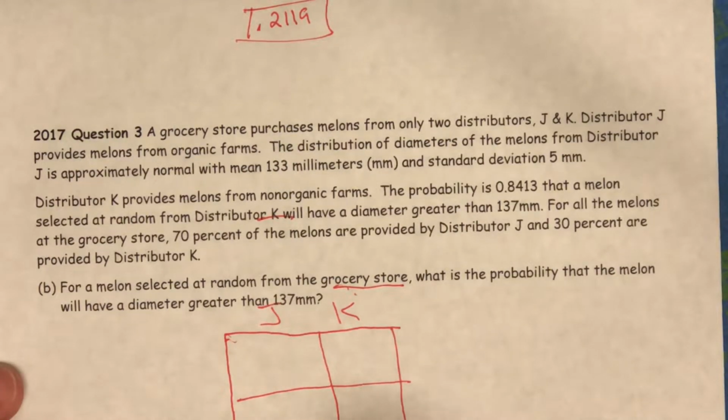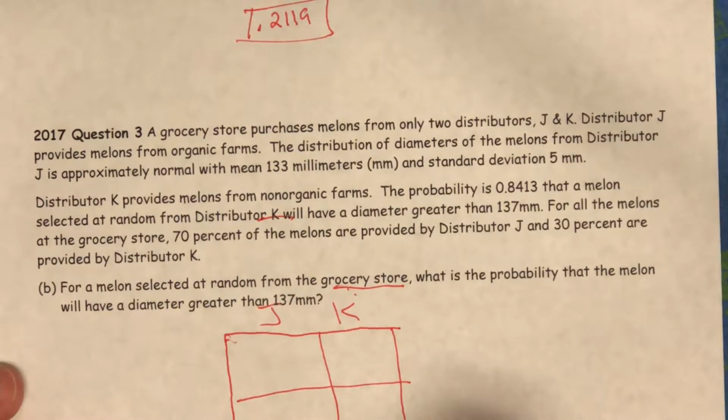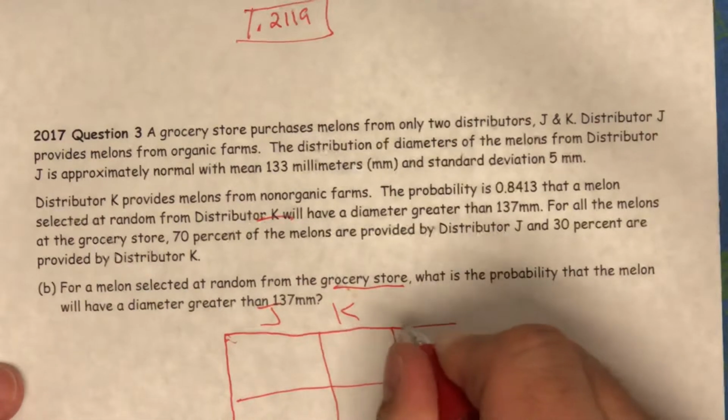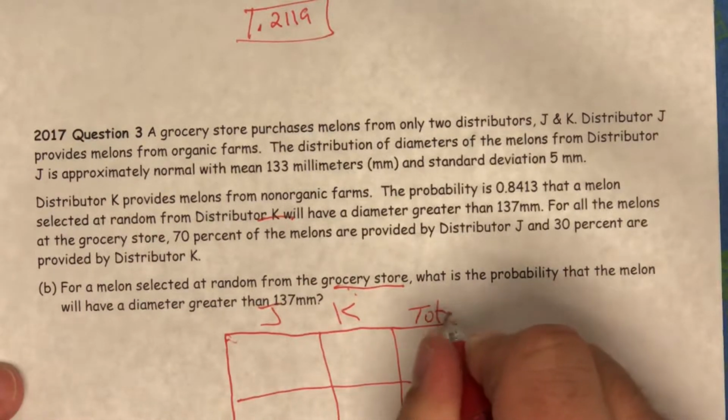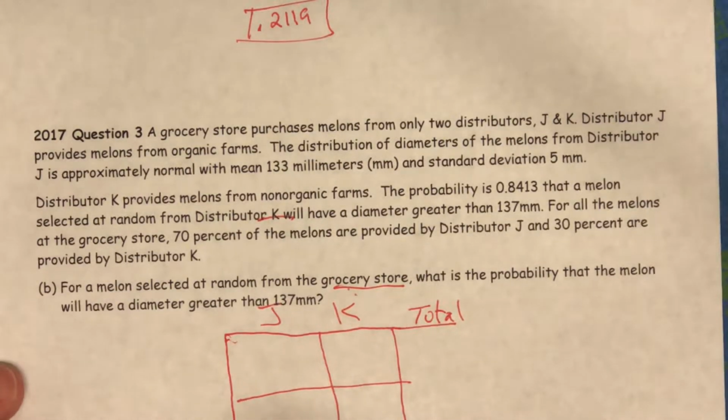Well, there's no condition on that. It's not related to two variables, so I can write that down just the way it is. Well, if that's 70%, then this is 30%. Obviously, it sums to 1. Now, this is a bit picky, but AP really wants us to label that as total, so we need to put total, make sure that we know that we've labeled our totals.